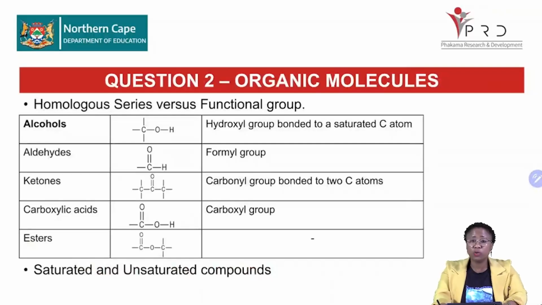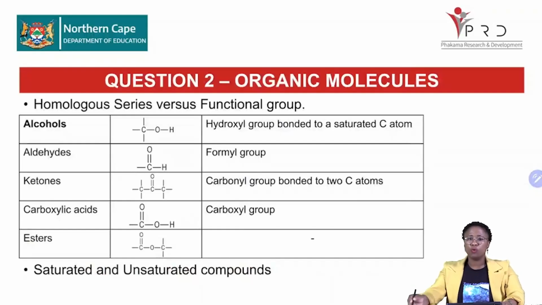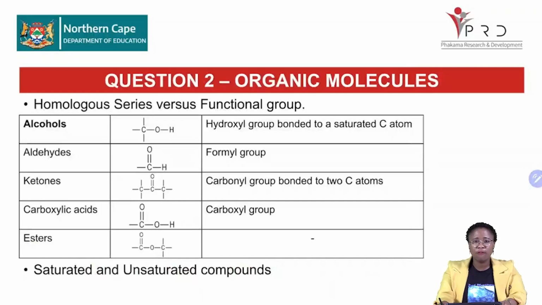Now we are quickly going to jump into question 2 of what we have seen in our previous question papers, organic molecules. What is it that I want you to remember there? Remember that because you are dealing with organic molecules in this specific chapter, I want you to remember how to define organic molecules. You need to remember how to define your hydrocarbon, your homologous series, as well as your functional group.